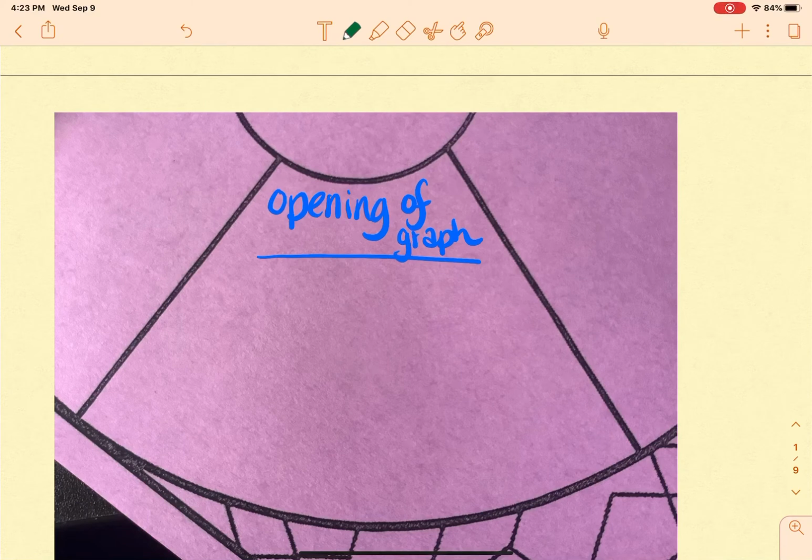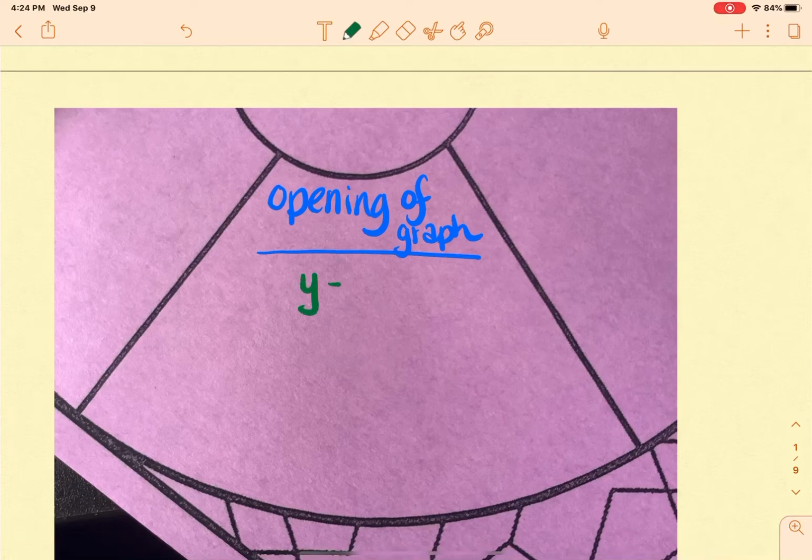So in the opening of the graph, it kind of depends on 2 pieces. It depends on if it's x equals or if it's y equals. So let's start with y equals. So if it's y equals, this would be our general formula.